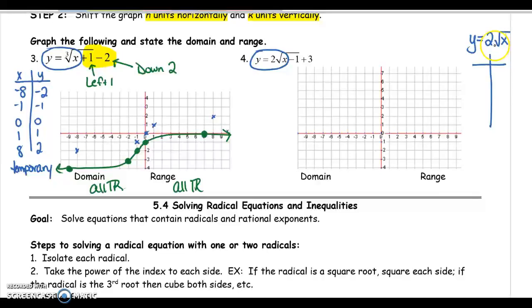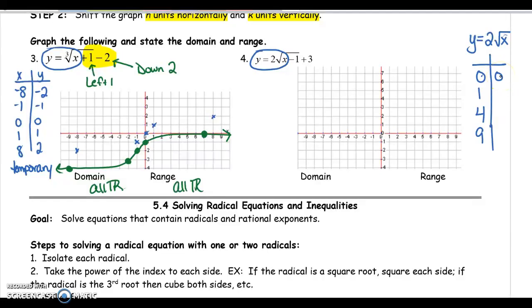Because this is a square root, I'm going to use 0, 1, 4, 9, my perfect squares including 0. So, plug 0 in. What is the square root of 0? And what's 0 times 2? 0. Now, plug 1 in. What's the square root of 1?